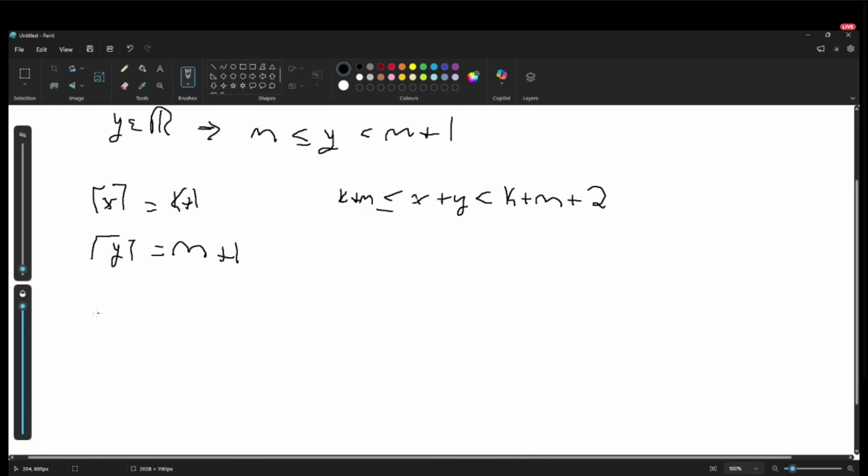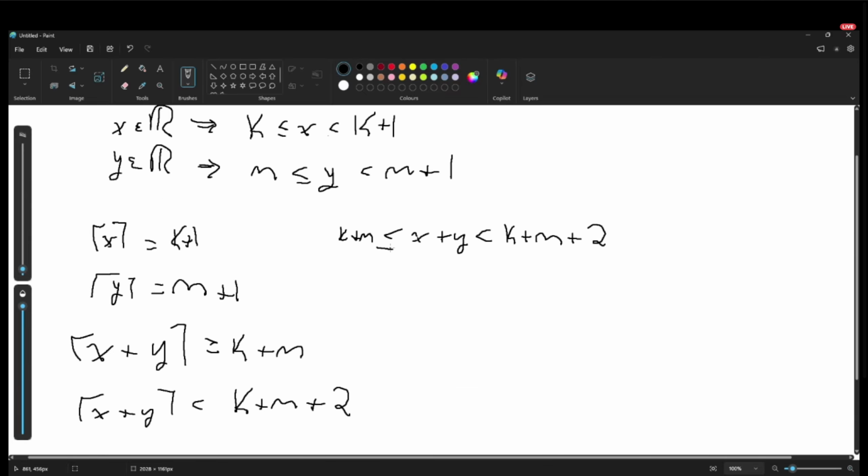k plus m. So if you write this floor right here, you know that it's at least k plus m, and you know that it also has to be less than k plus m plus 1, so strictly less than k plus m plus 2.